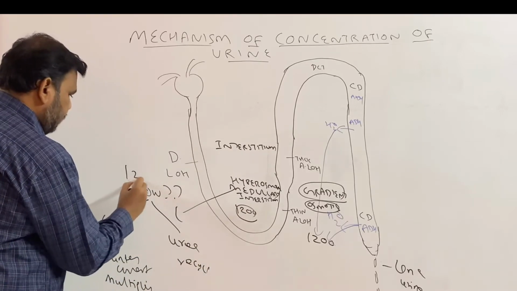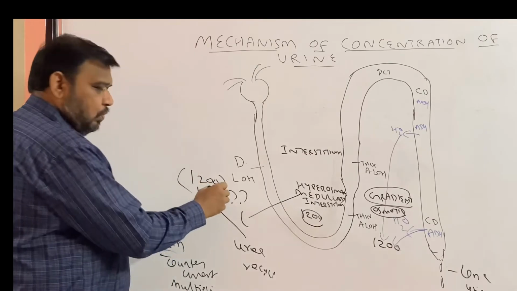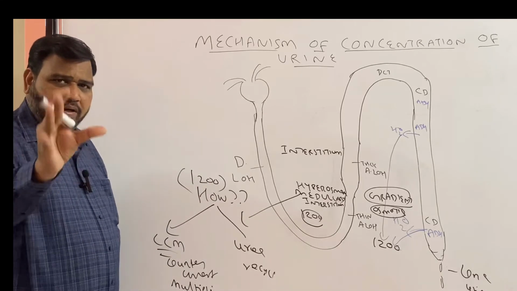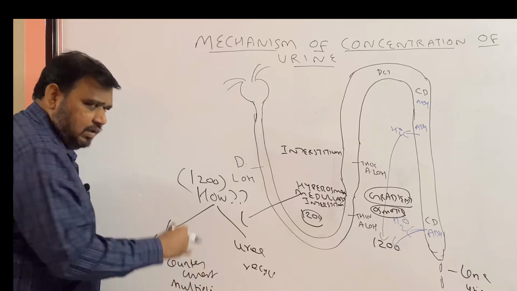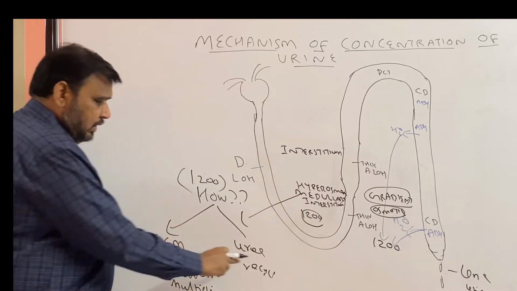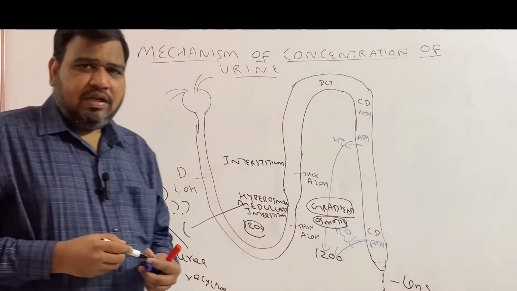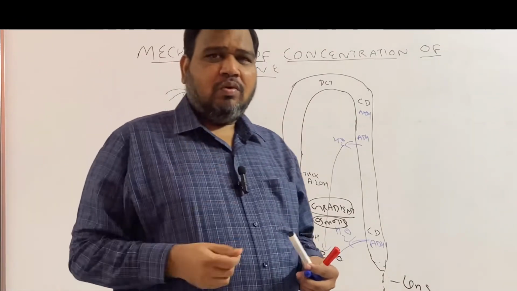One is countercurrent multiplier, which I am going to explain now. Another is urea recycling. Only if both take place will I be able to get the 1200 medullary interstitium.